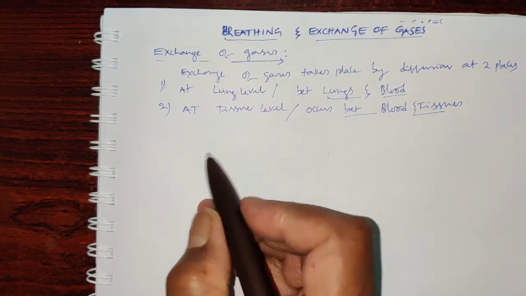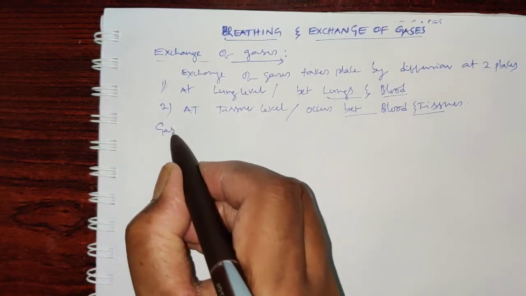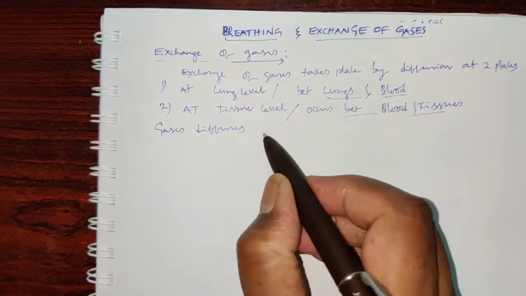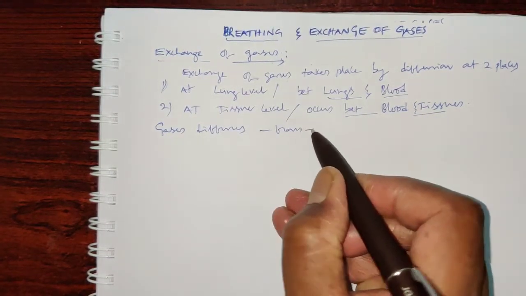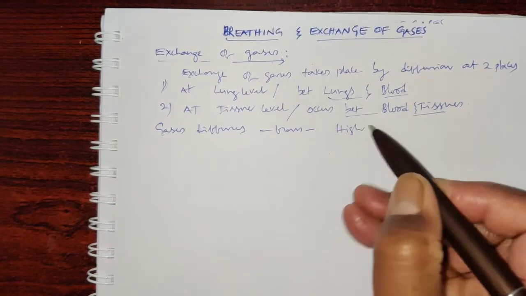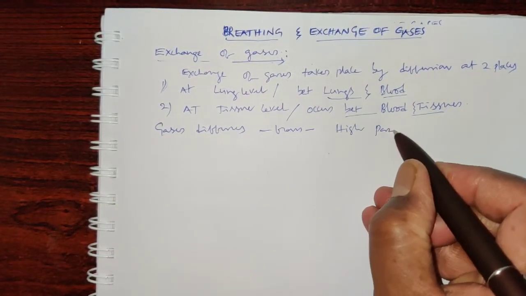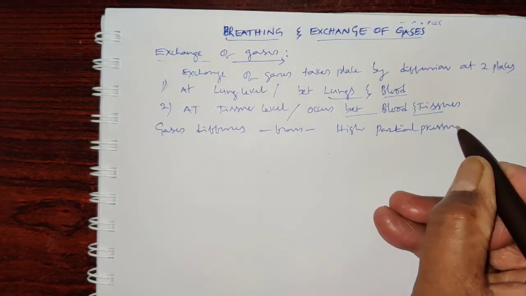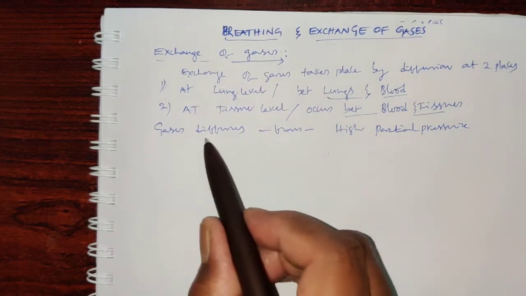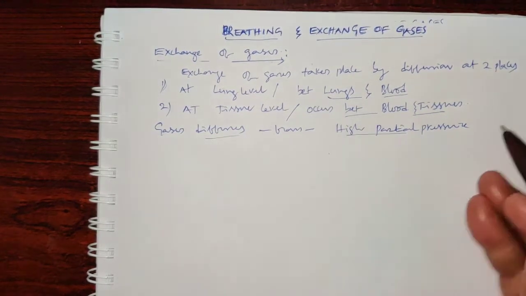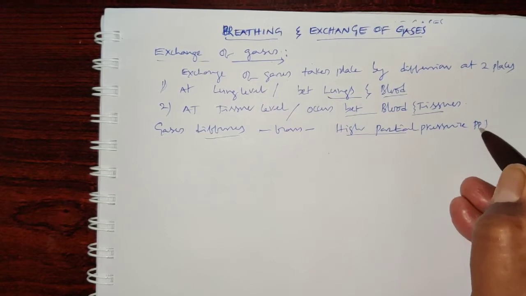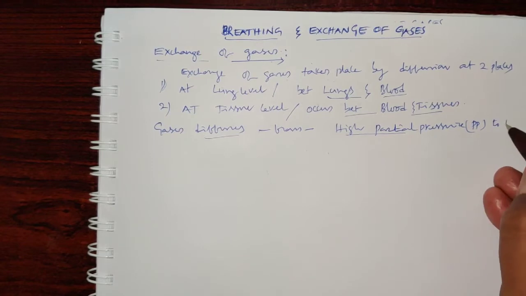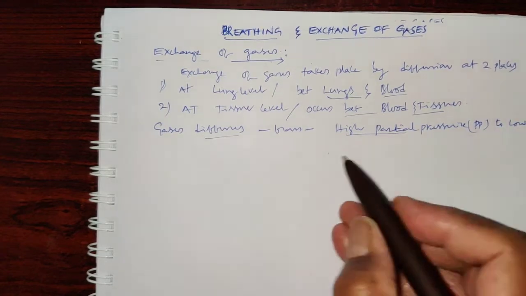So gases diffuse from a higher partial pressure, represented as pp, to a lower partial pressure.